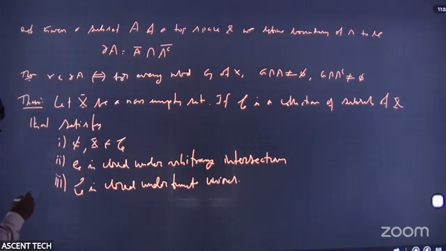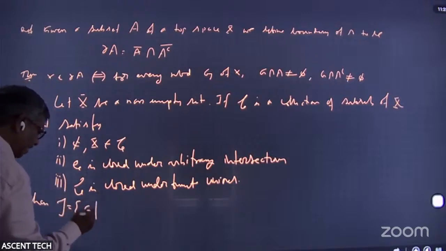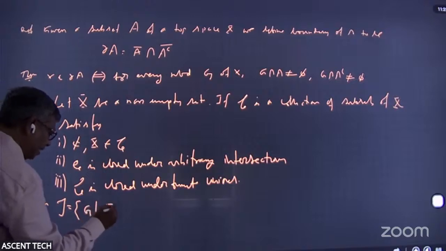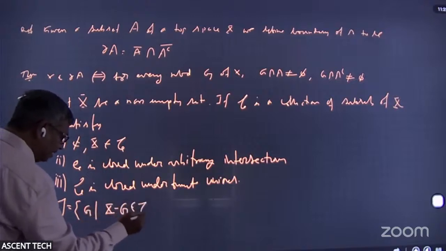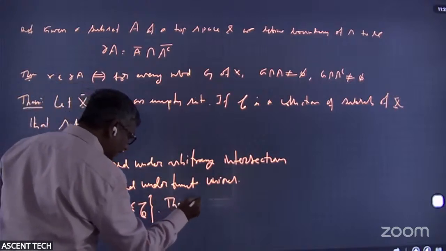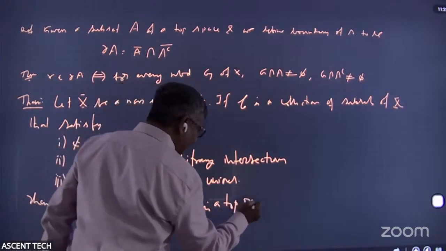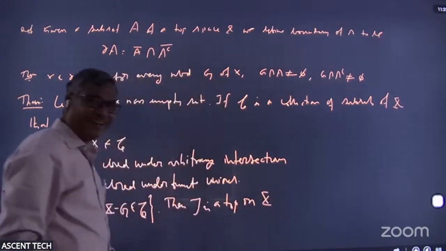Then T, which consists of all the complements of sets in C, that means G is in T if its complement is in C, then T is a topology on X. Does it make sense or not?